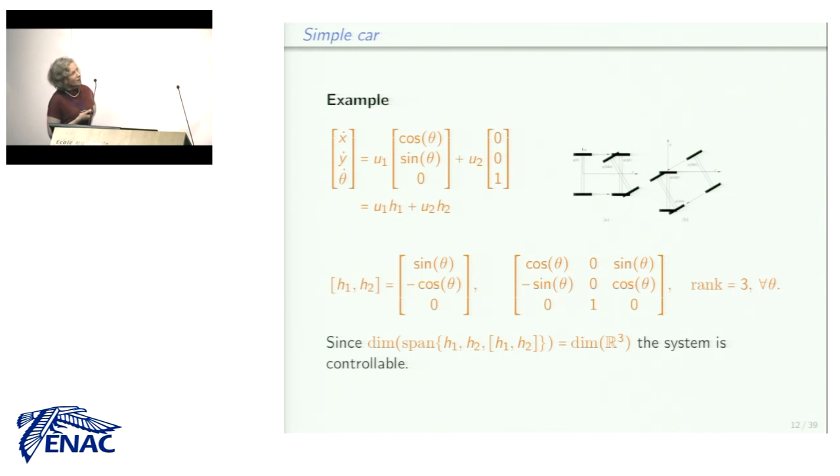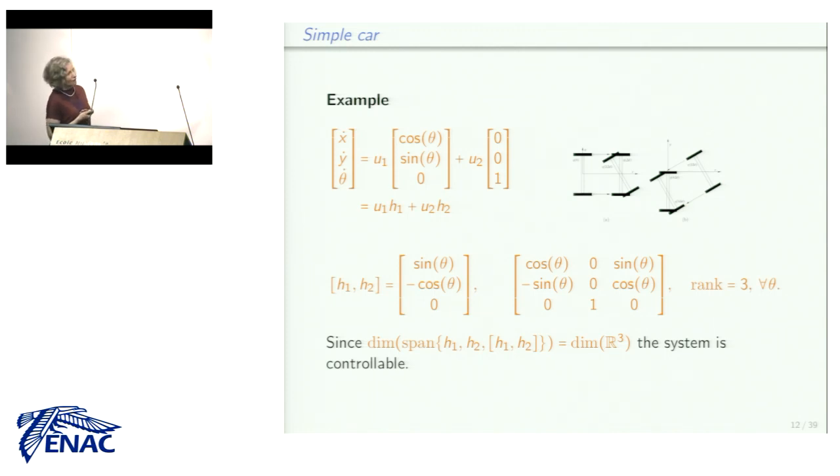Then one important thing is that the commutator between these two vector fields, or the Lie bracket, is non-vanishing. It's a third vector field, and the three vector fields together give me a rank 3 matrix for all theta.